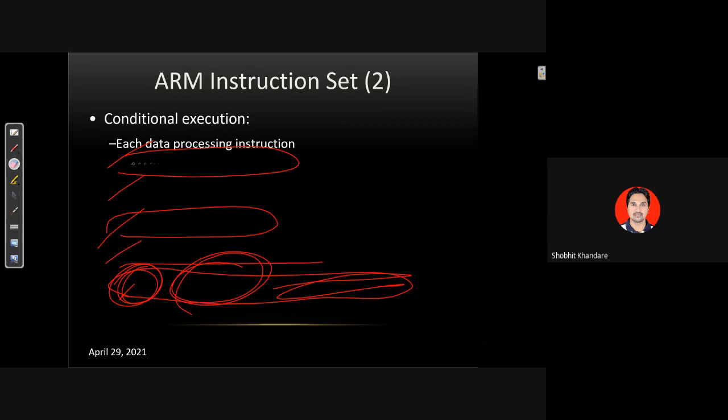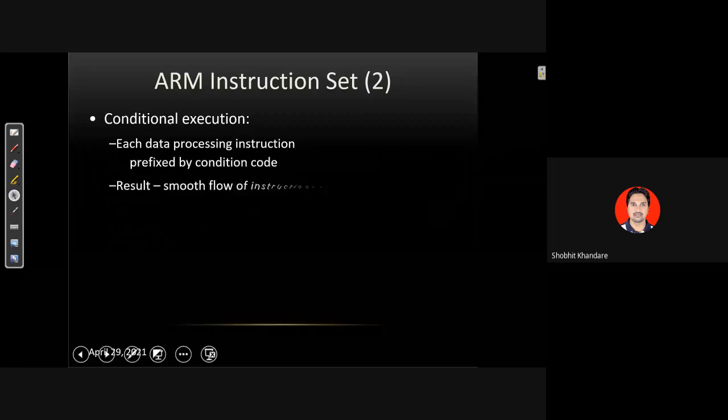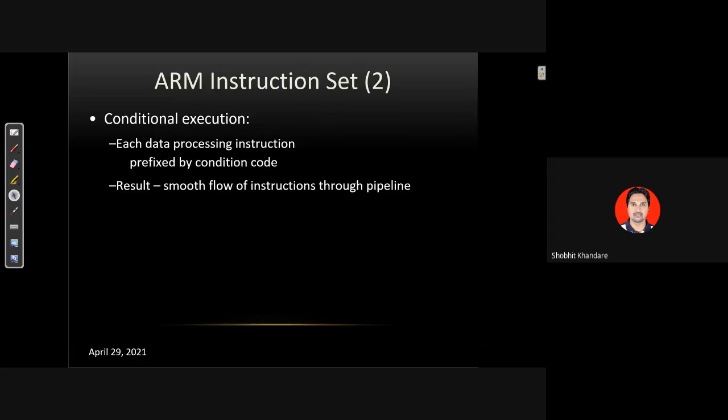So I was talking about the conditional execution. So here it will be clear. See, the conditional execution, each data processing instruction. हम जब data processing instruction देखेंगे, so in that data processing instruction, I can have prefix by conditional code. मैंने आपको बोला था, हम instruction के साथ ही कंडीशनल एग्जीक्यूशन कोड लिख सकते हैं.